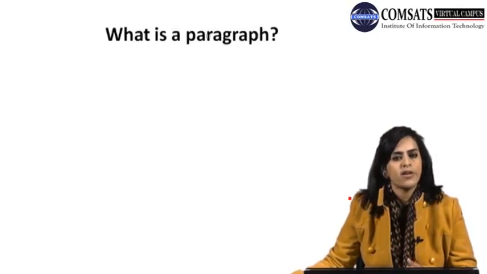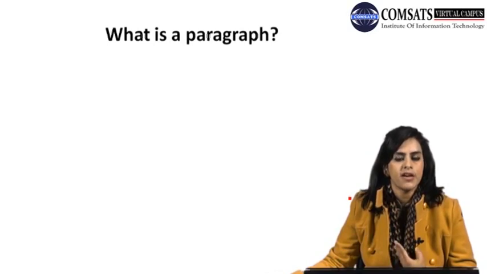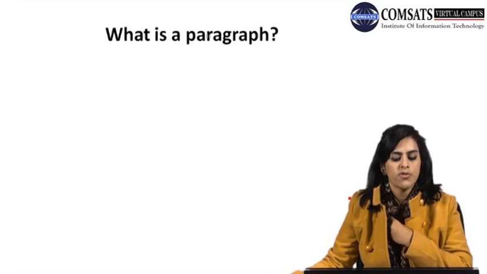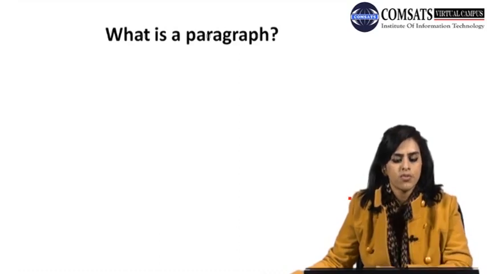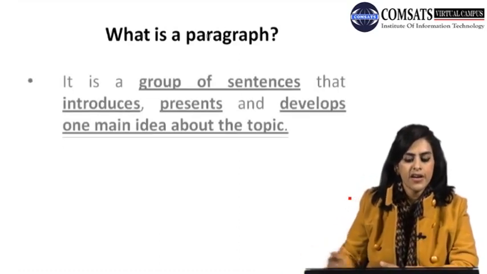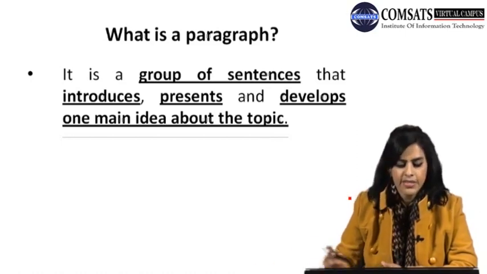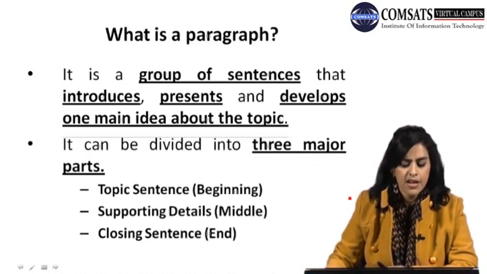We started with writing one paragraph, and then we moved on to writing larger text, different paragraphs that combine together to give you larger text. So first of all, we discussed what a paragraph is. A paragraph is a group of sentences that introduces, presents and develops one main idea about the topic. Your paragraph basically has three major parts.